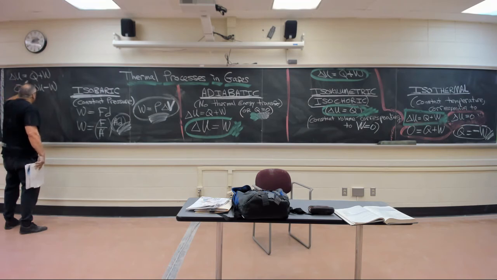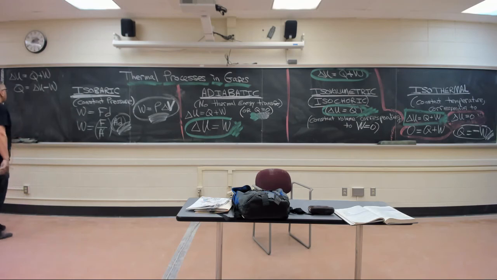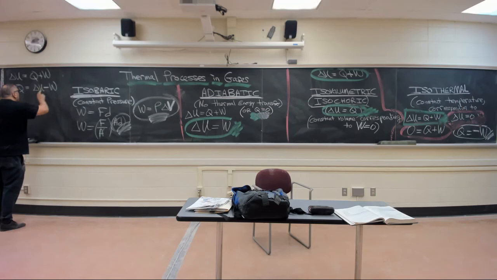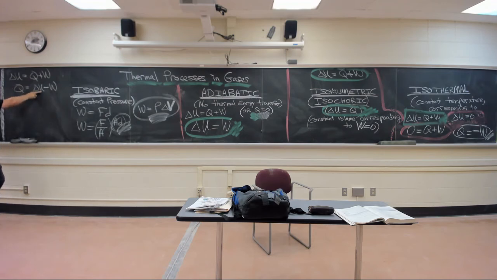And so here it gets a little messy when you do something like this. If you were to make this happen, if you actually did work on the gas, you'd have to make it so that the change in energy, whatever was lost here, minus the amount of work that you did on the environment, or the amount of work that you did on the gas, minus is plus.